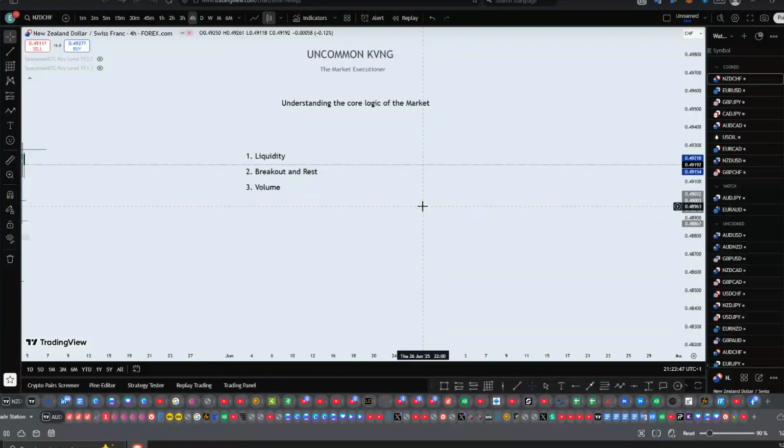Once you understand the logic of these things, the market phases, the price elements, and then the core logic, you can use them to build any strategy.